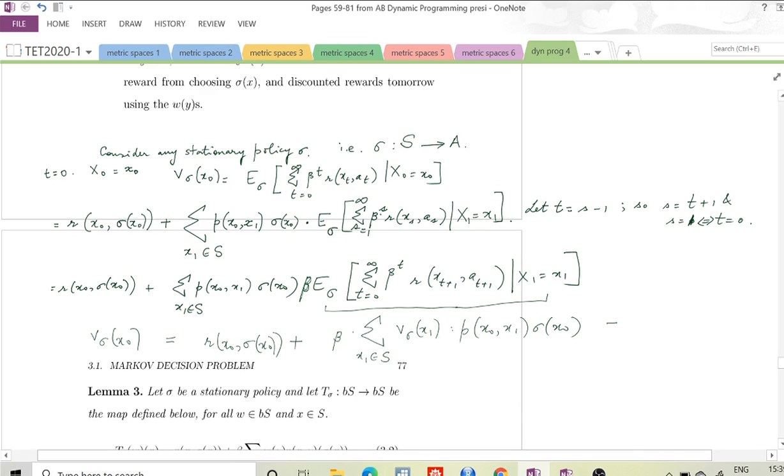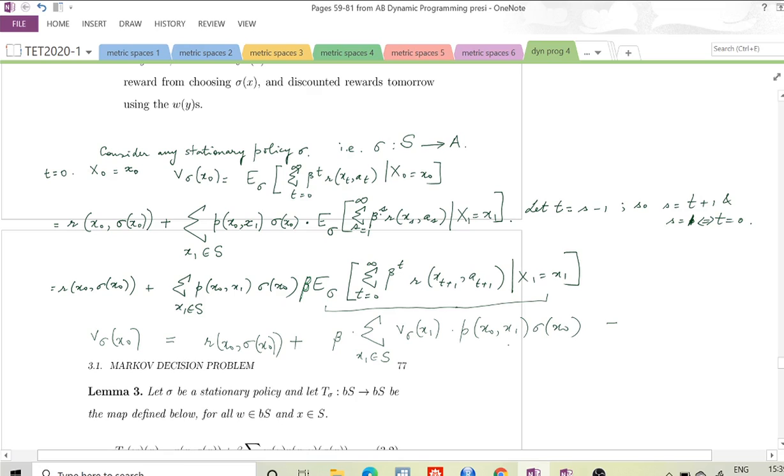It solves this functional equation, right? So it must be the fixed point of some map, some Bellman-like map, right? This is not a Bellman map because I'm not doing a maximization exercise on the right-hand side, but it's a map, right? So what's the map for which v sigma is a fixed point?